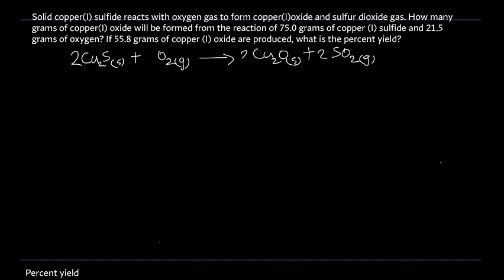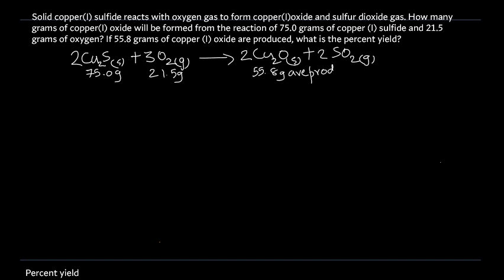And now from the question we have 75.0 grams of copper 1 sulfide and 21.5 grams of oxygen, and it also says we have 55.8 grams of copper oxide produced in the lab.